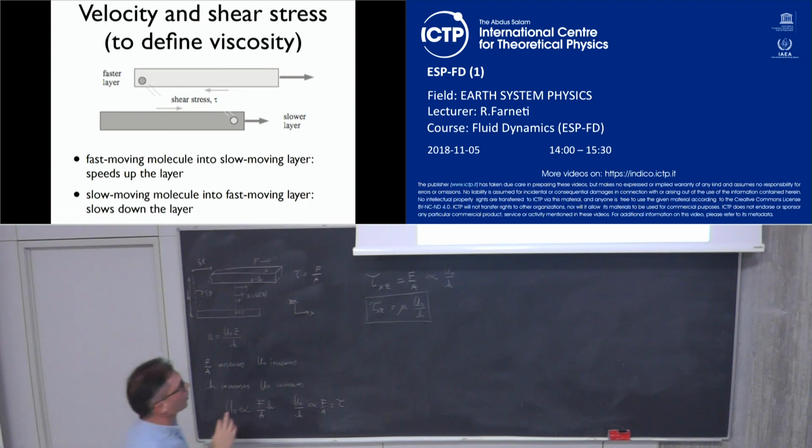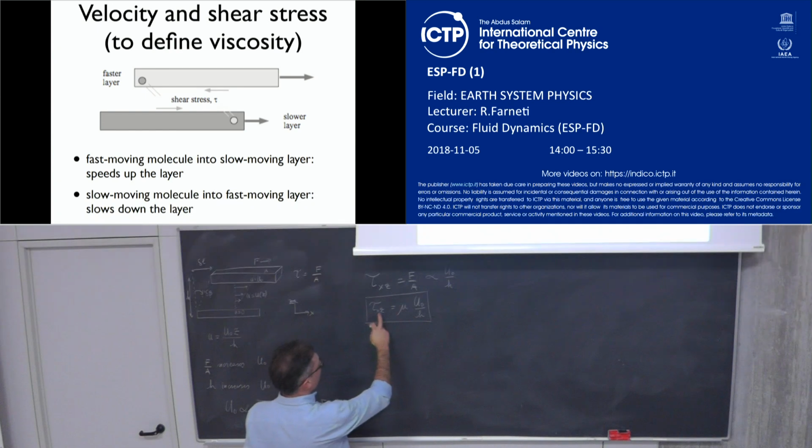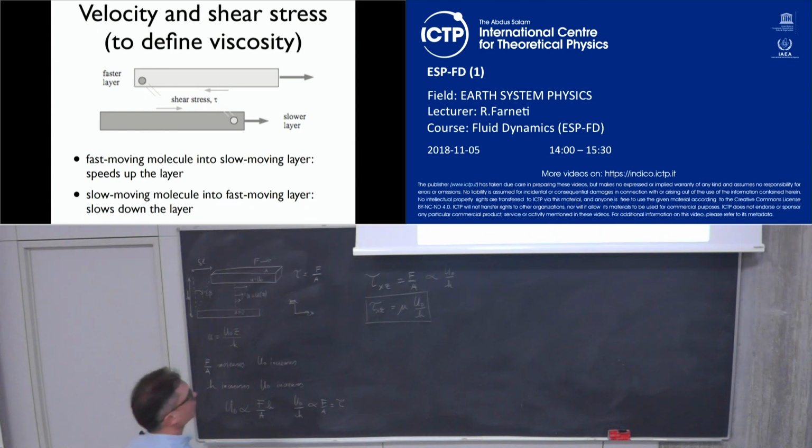And so this is how you can relate the shear stress to the movement of the fluid through some constant that we will see what that constant is.